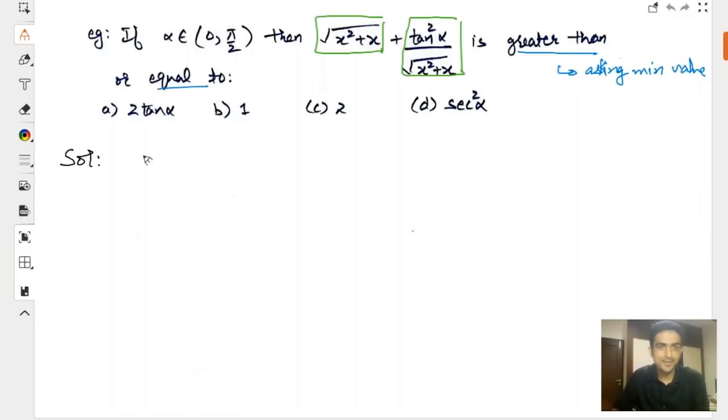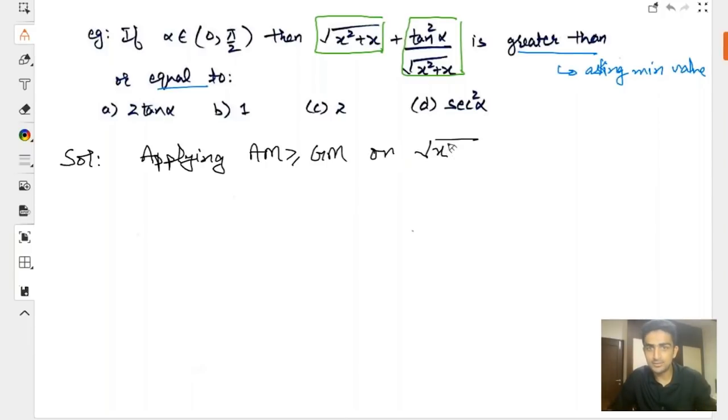How to apply? We apply AMGM. Please everybody listen carefully, on the terms involved. That is on this term and this term. We apply AMGM on the terms which are involved.